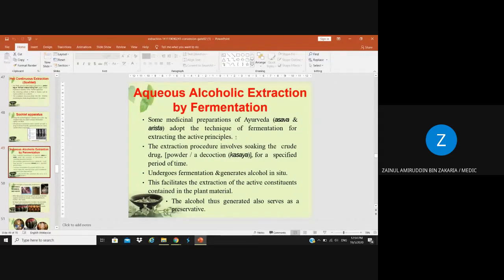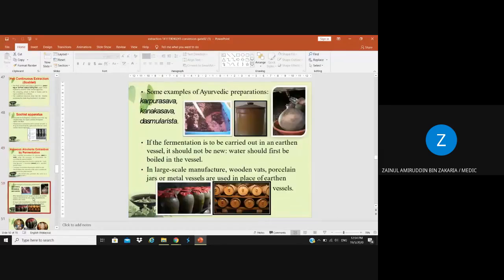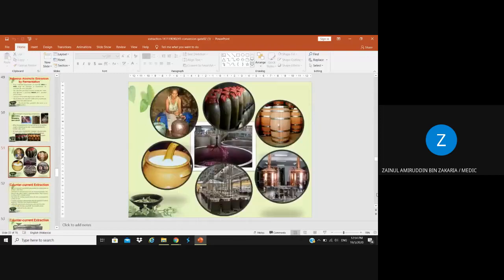And then sometimes you can also use a combination of water with alcohol. Okay, especially in Ayurvedic, they tend to do extraction whereby alcohol and water are combined together. Okay, you read on this just for your information.